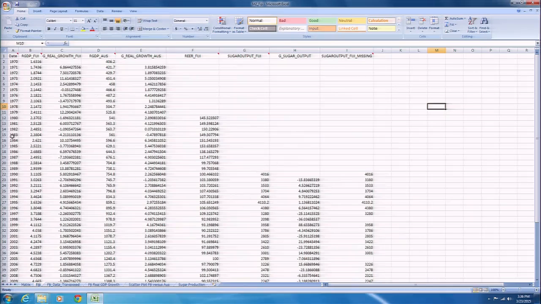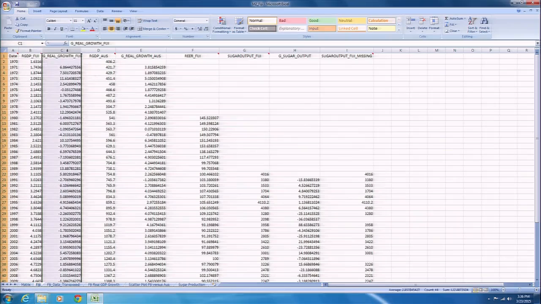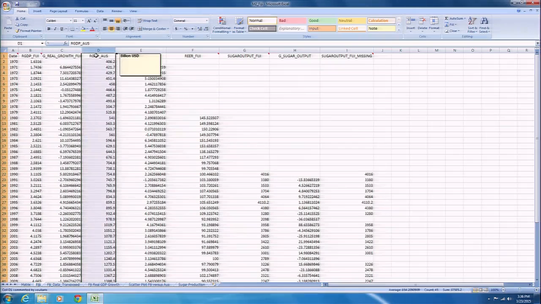In particular, column B represents the real GDP of Fiji, expressed in billions of their own currency, Fijian dollars. The second column represents the growth rate in the real GDP series. The third column represents the real GDP of Australia.